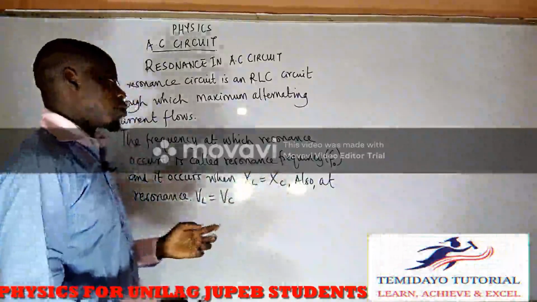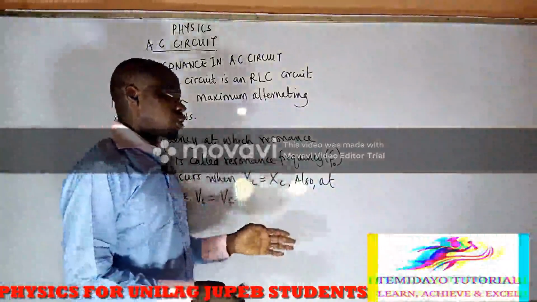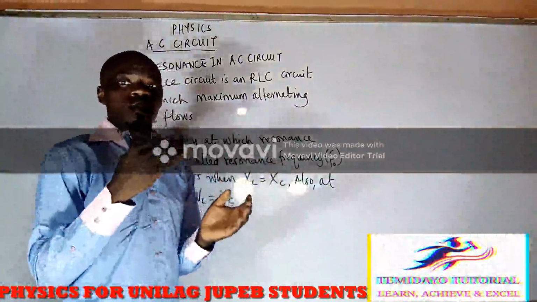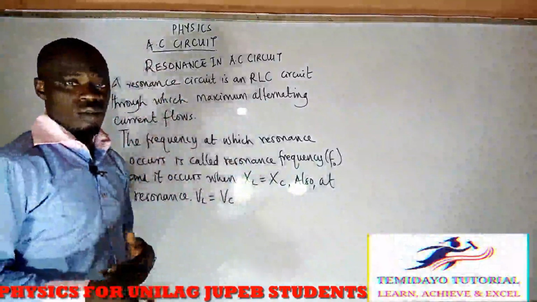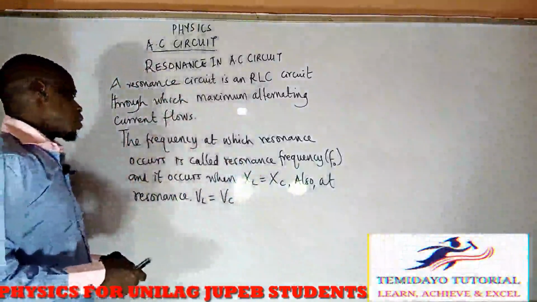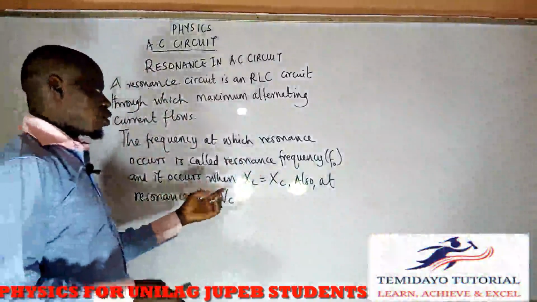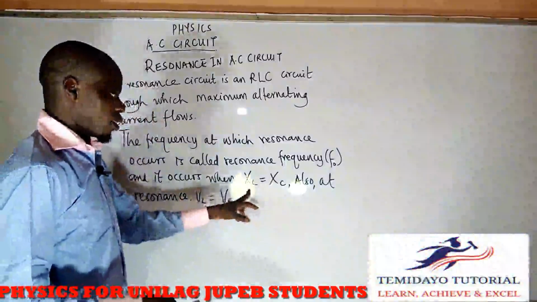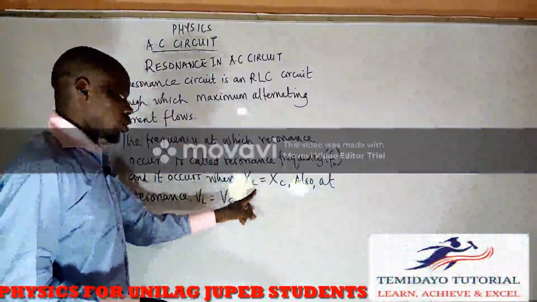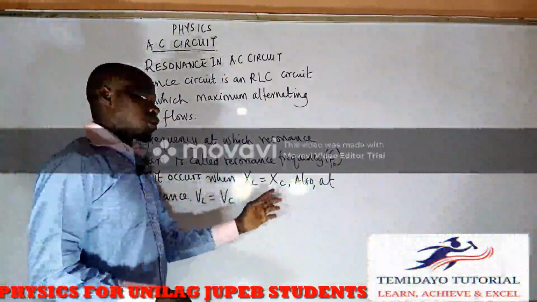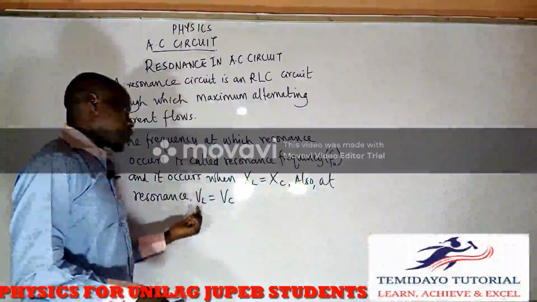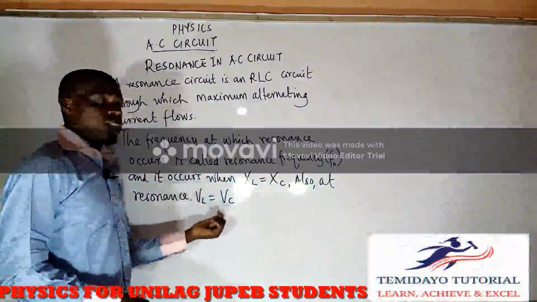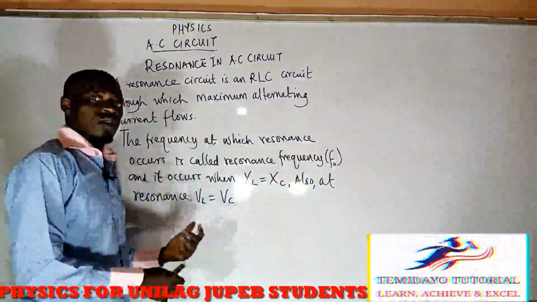So how will you determine the resonance frequency whereby you are having the maximum flow of current in the RLC circuit? It occurs when you are having your XL, that means the inductive reactance, and the capacitive reactance equal. Also, when you are having the inductive voltage and the capacitive voltage equal, in that case you are also having resonance.